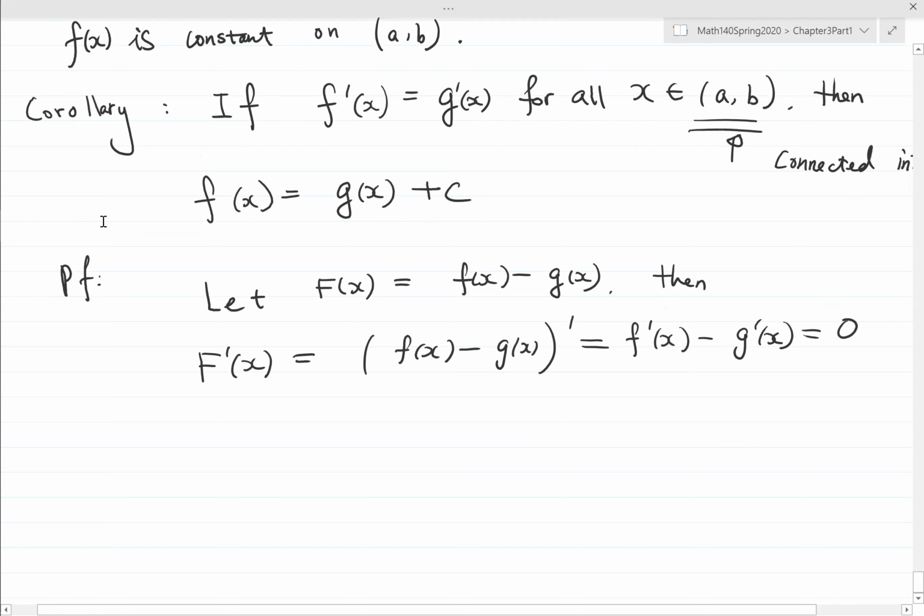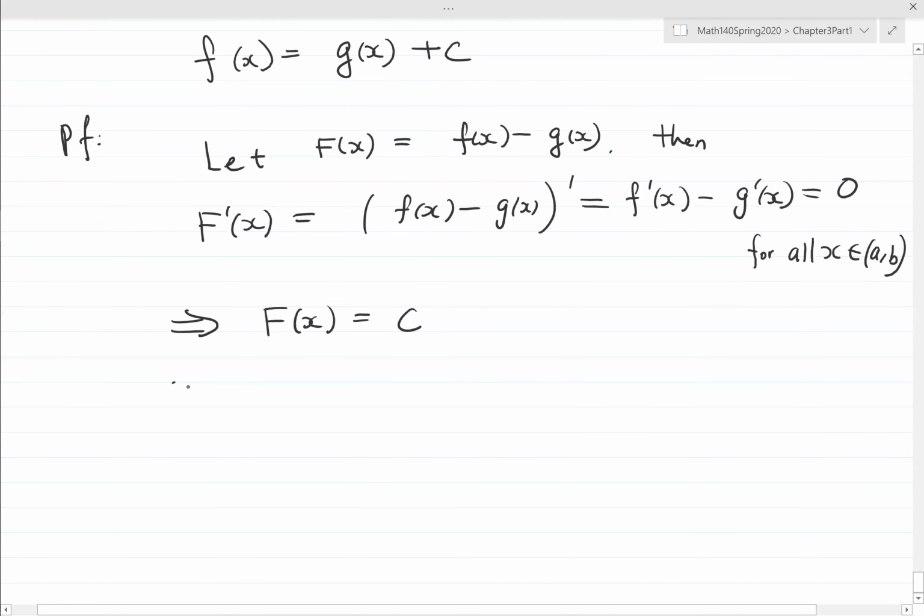So we can conclude from our last theorem that a function with zero derivative for x in a to b, on a connected interval a to b, must be a constant. So f(x) minus g(x) is a constant c. Now if you move g to the other side, then f(x) is g(x) plus constant c. That is, they differ only by a constant.